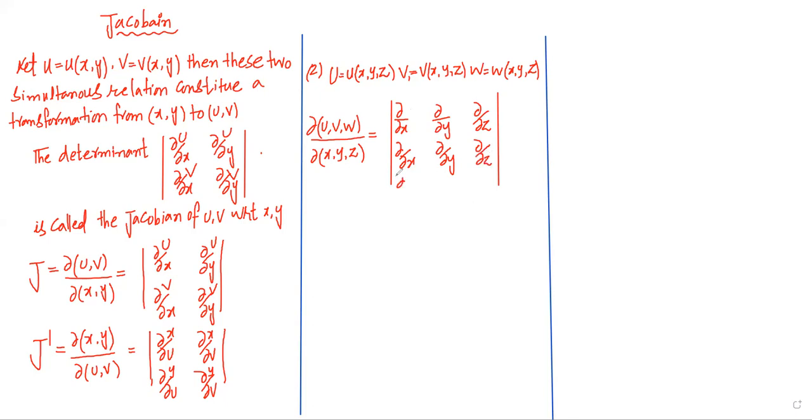The third row also, dou by dou x, dou by dou y, dou by dou z. Now first of all, u here, v here, w here. This is the easiest way to memorize the formula. Understood?